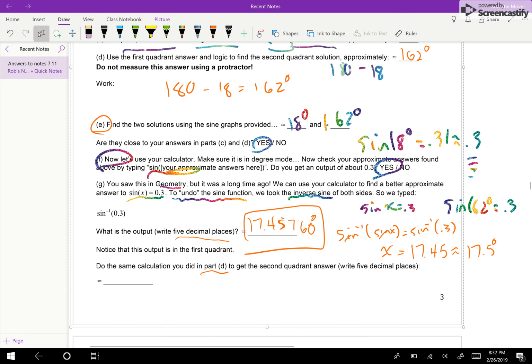To finish this problem and find the other angle, we can just subtract that angle from 180, because using logic, it has to be the supplement of that angle.